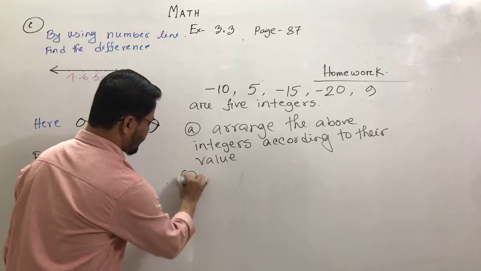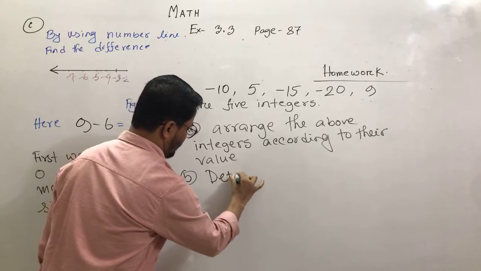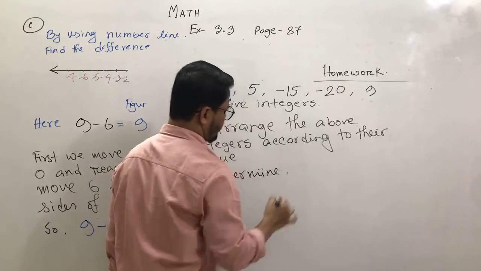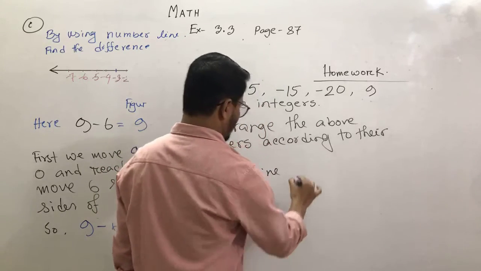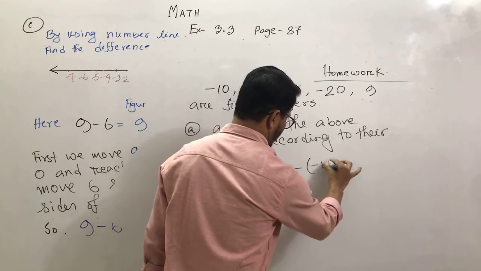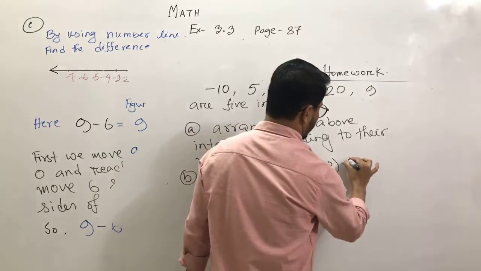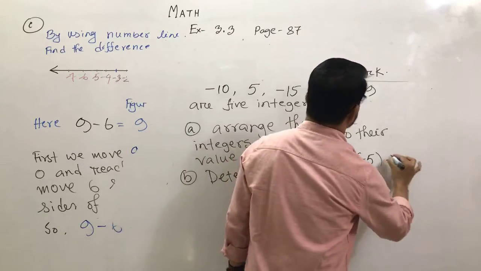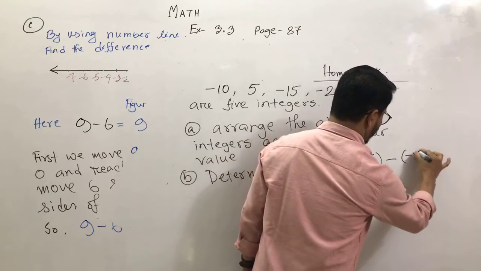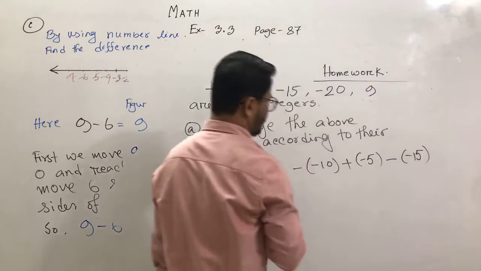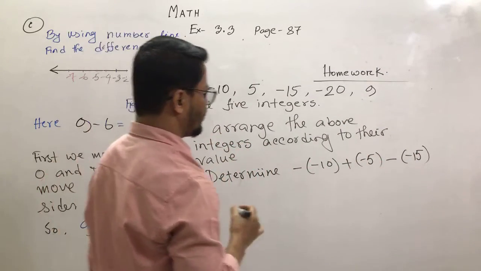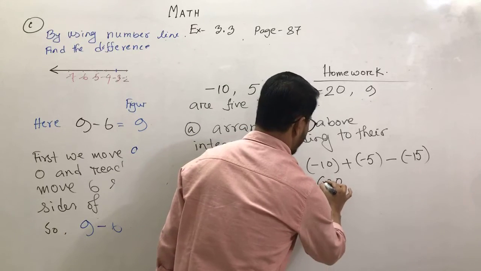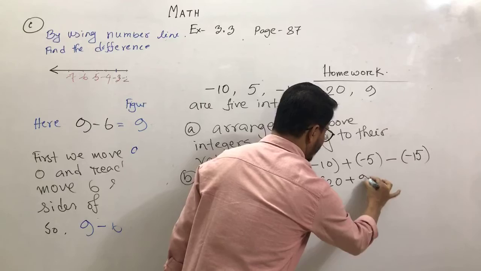Number B. Determine -10 plus -5 minus -15 minus 15 minus 20 plus 9.